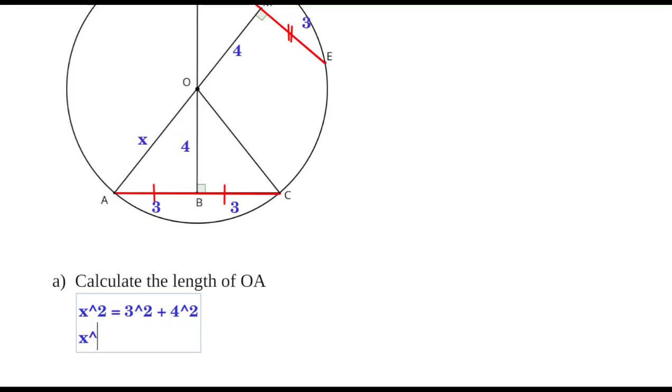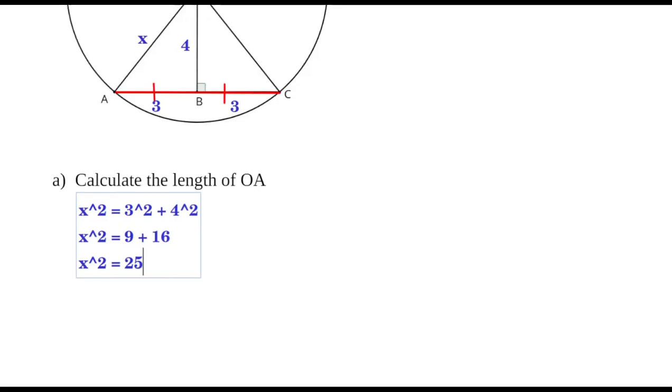Then X squared is equal to 9 plus 16, so X squared is equal to 25. Taking the square root on both sides, X is equal to plus or minus 5. But since we are talking about distance, it's only the positive, so it's 5 centimeters.